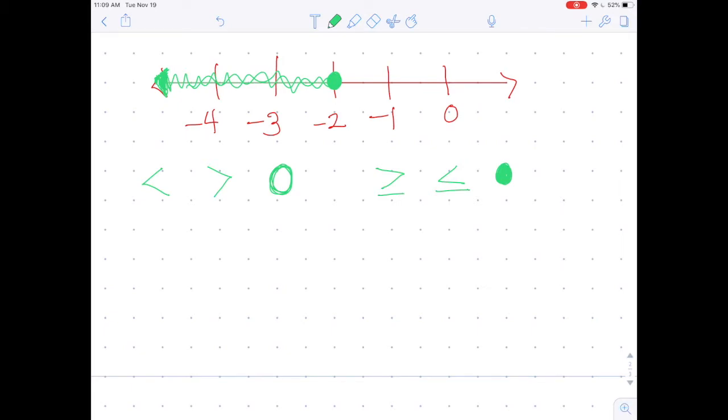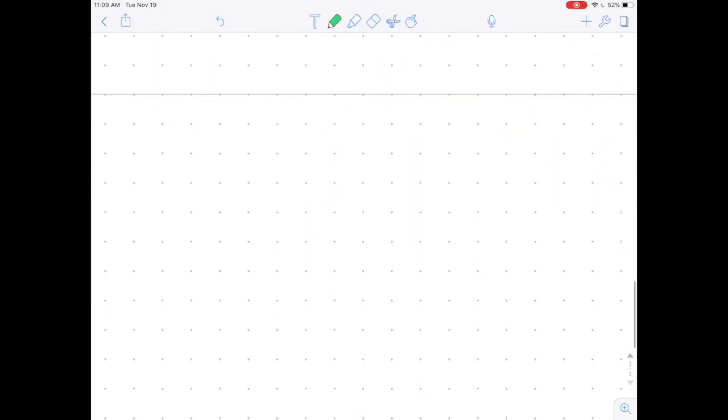Okay, let's try something else. Writing an inequality from a graph. So now you're going to see the graph and try to write the inequality for it. So let me draw this graph for you real quick. Oh, not quick, I'm not very fast, but you guys know that.